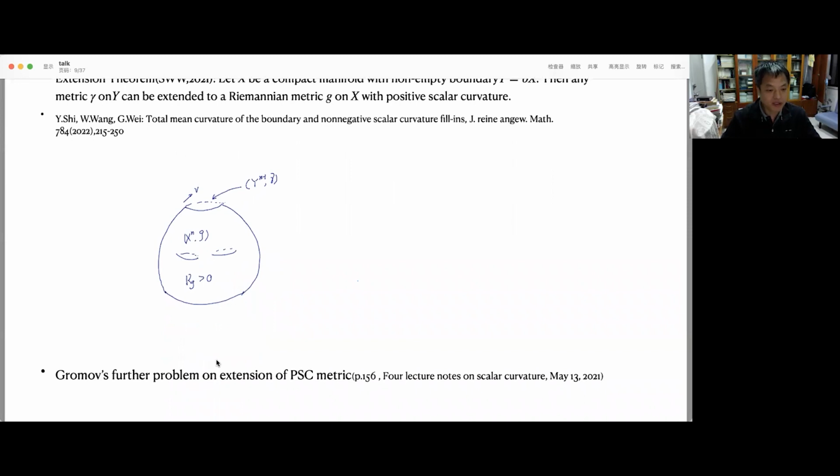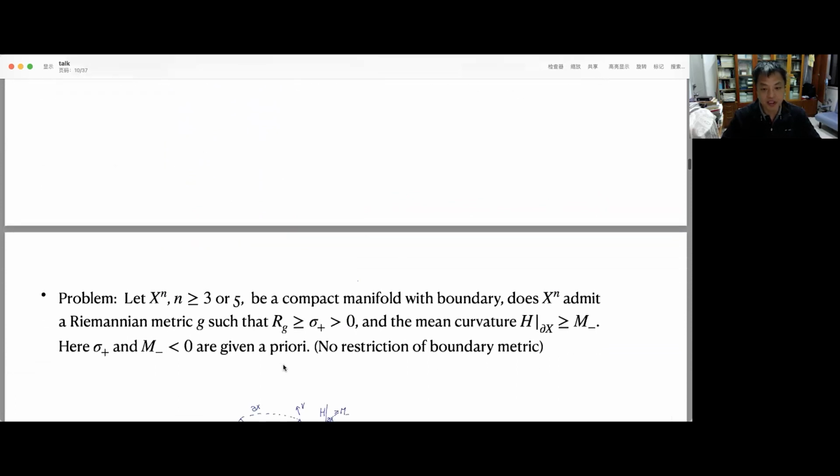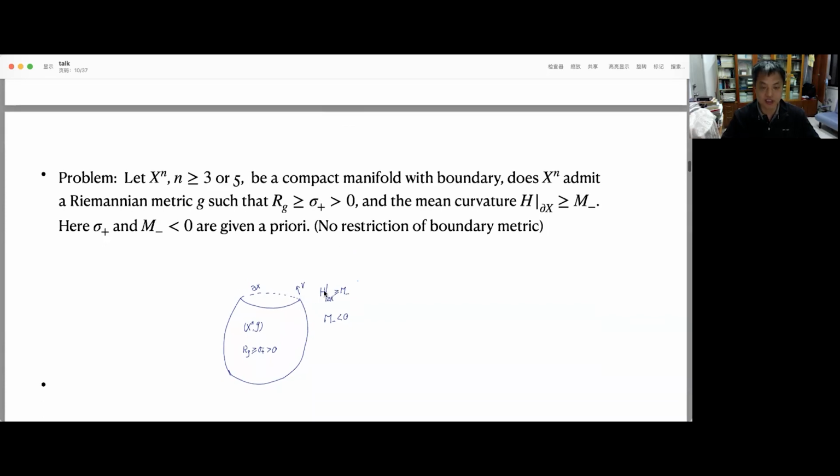And Professor Gromov also raised some further problems on the extension of positive scalar curvature in his four lecture notes. Now, here's one of them. Let X be a compact manifold, and he asks: does X admit a Riemannian metric G so that the scalar curvature has a given positive lower bound, which is denoted by sigma plus, and meanwhile the mean curvature of the boundary has a given lower bound m minus, where m minus should be negative?